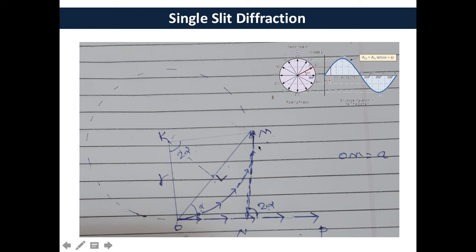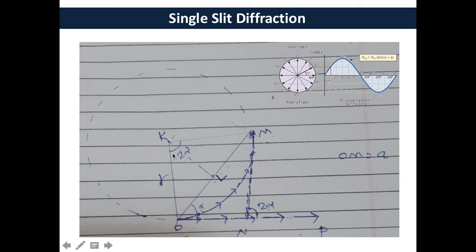and the MN, which is the final vector. And this polygon coincides with this arc OM. This is the final vector. Here the phase difference is phi.